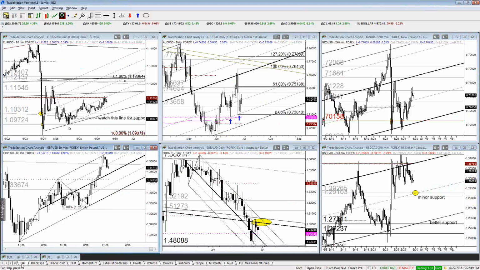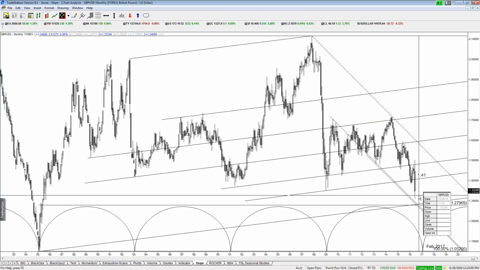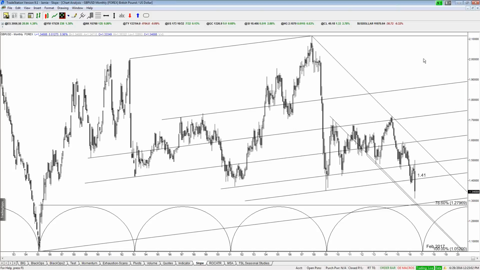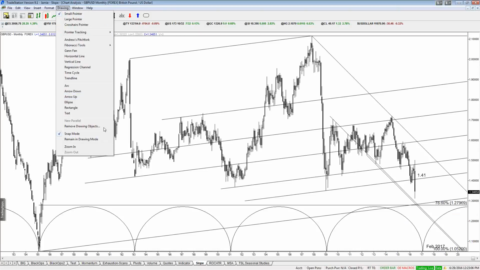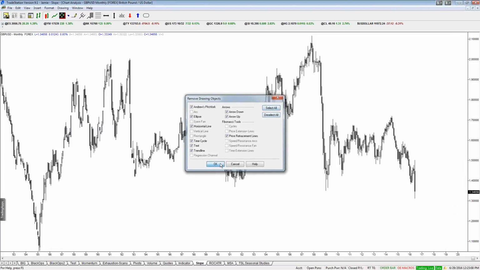Let's see here. Where were we? Pound dollar. Okay, so pound dollar, eventually you might get a chance at 128, 129, right? And I like to draw these so that you can go along with me.